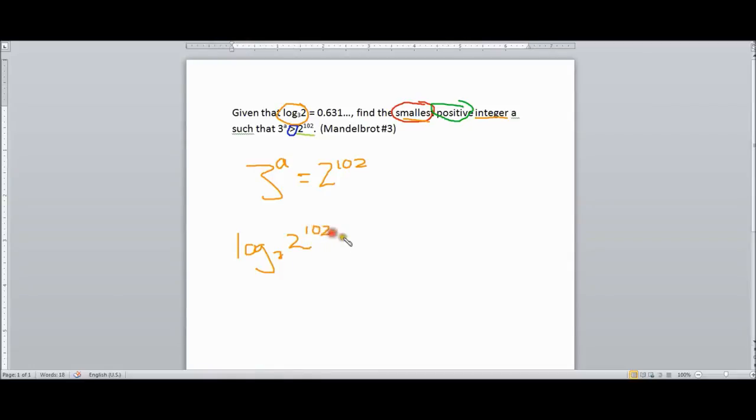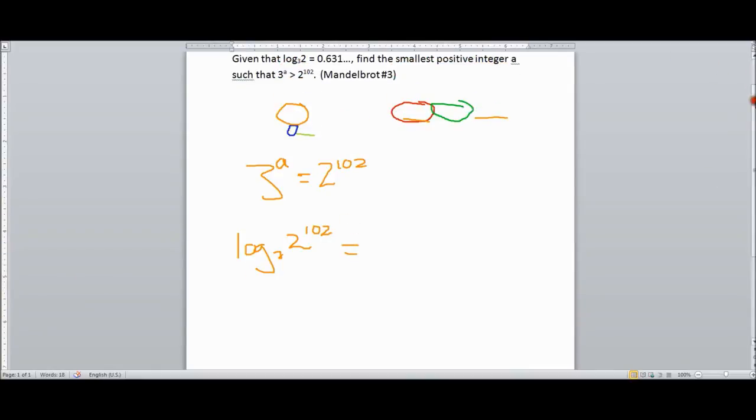What is that equal to? And there's a formula we can do here. The formula is right here, right over here to the side. It's a big formula, so it's in red.